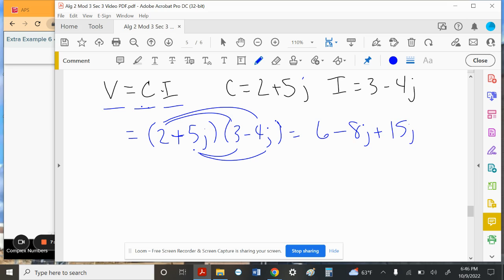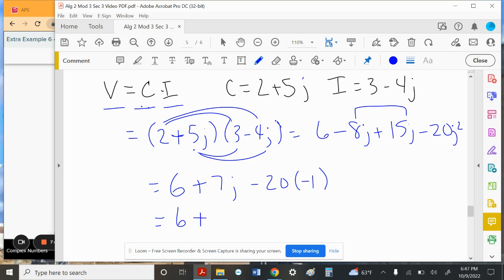And we have positive 5 times negative 4, which is negative 20. We have 2 J's, so we have a J squared. Remember that I squared is negative 1, so this J squared is also negative 1. So that's also negative 1, so we have 6. We can combine these two, they are like terms, plus 7J. We have minus 20 times negative 1.